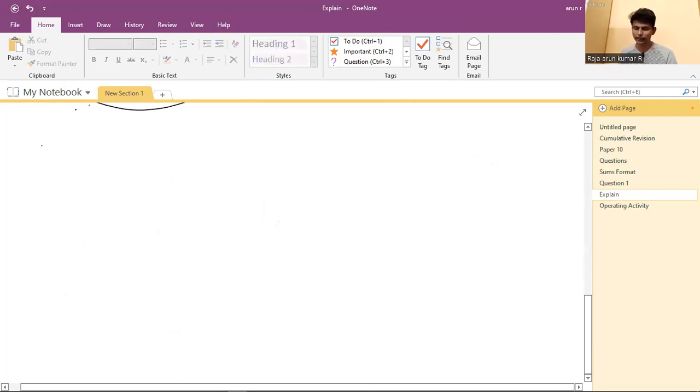Okay. Simply we understand in P&L account all cash items and non-cash items are recorded. Okay.